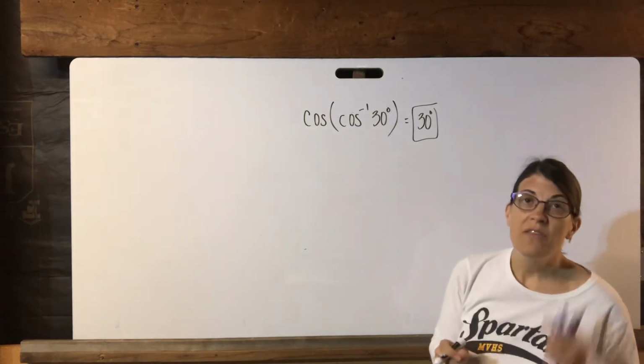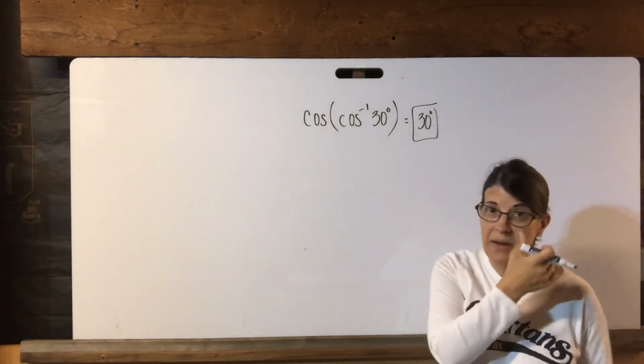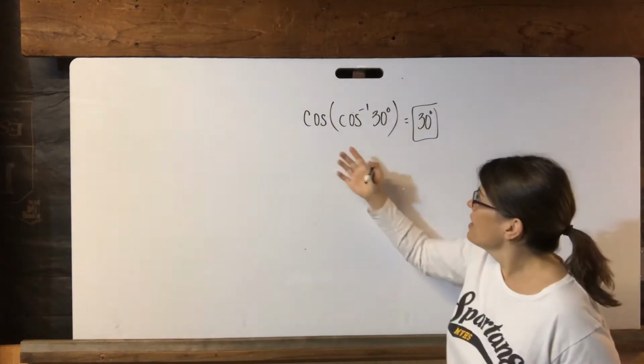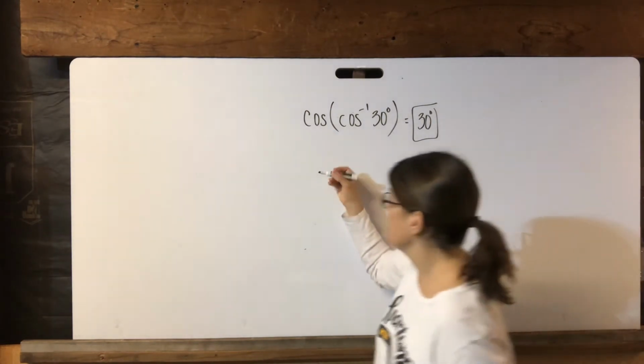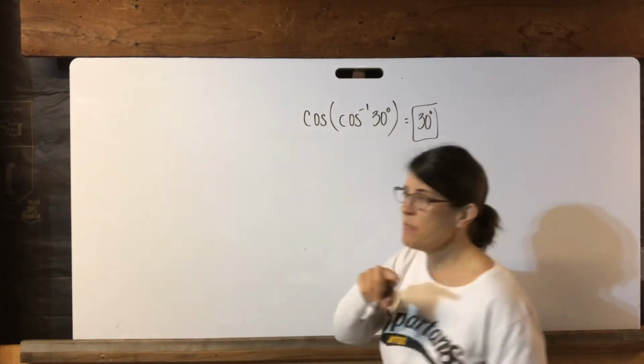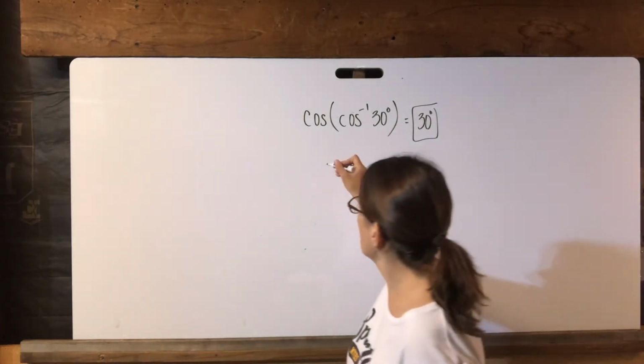The operations reduce out. If I want to find the cosine of the inverse cosine, it's just whatever answer is here. Let me do a better example.